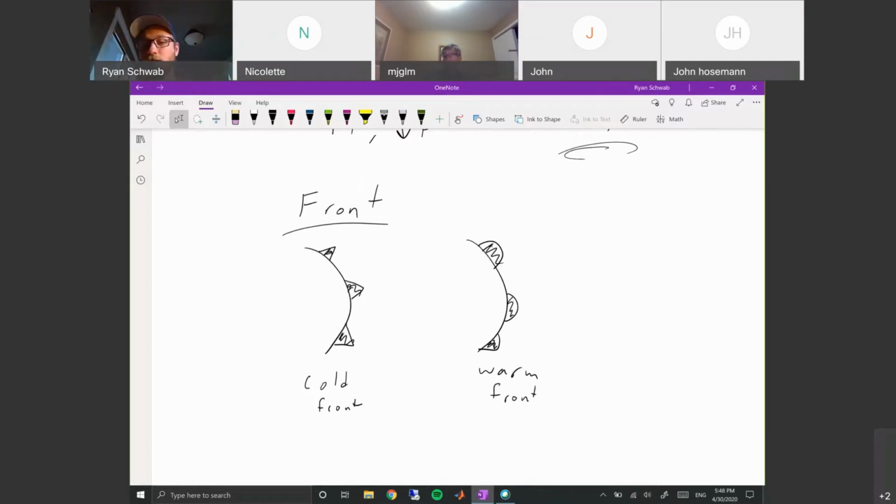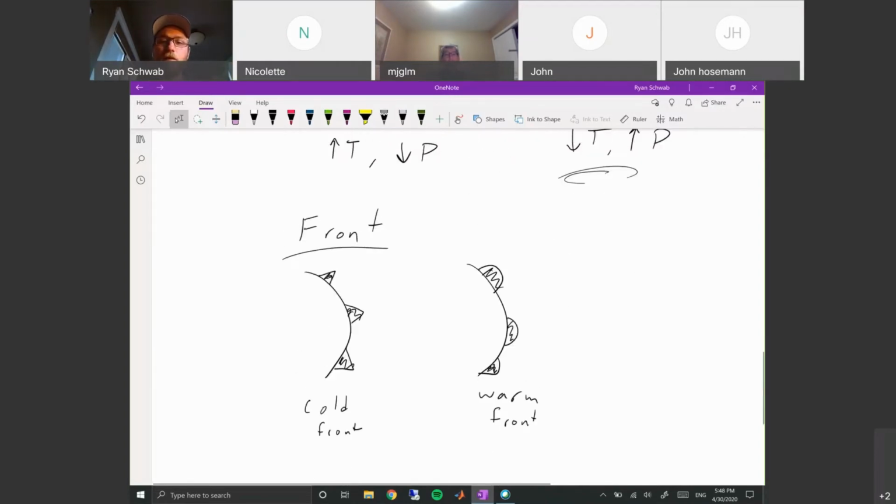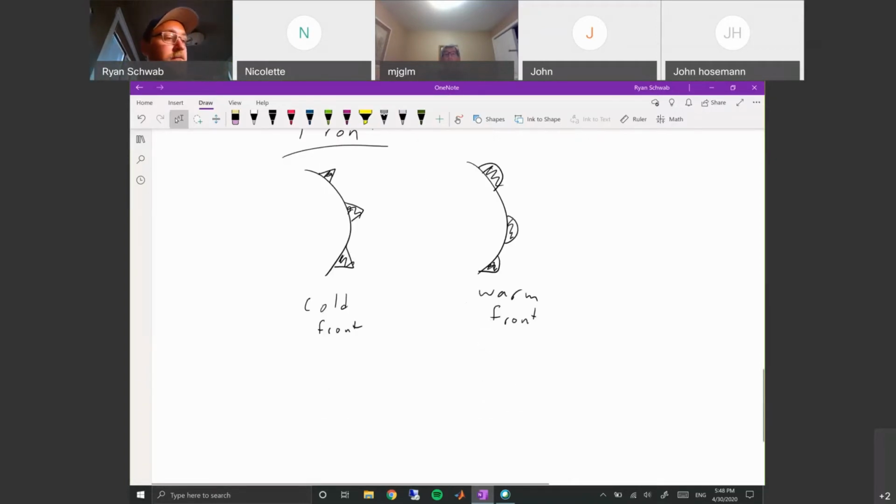Similarly, a warm front is going to come in before we hit a warm air mass. Or if we're looking at our pressure chart, right, our warm air mass is considered a low pressure area. So that warm front is going to be what leads your low pressure in your area, while the cold front is going to be what leads your high pressure system coming in.